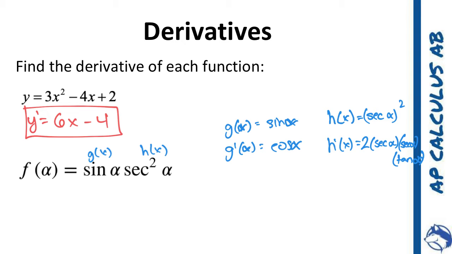So it's all multiplied by that at the end, because that's the derivative of the inside, the inner function. So when I do the product rule, I do the first times the derivative of the second, plus the second times the derivative of the first. And so when I do that, this is f prime of alpha.